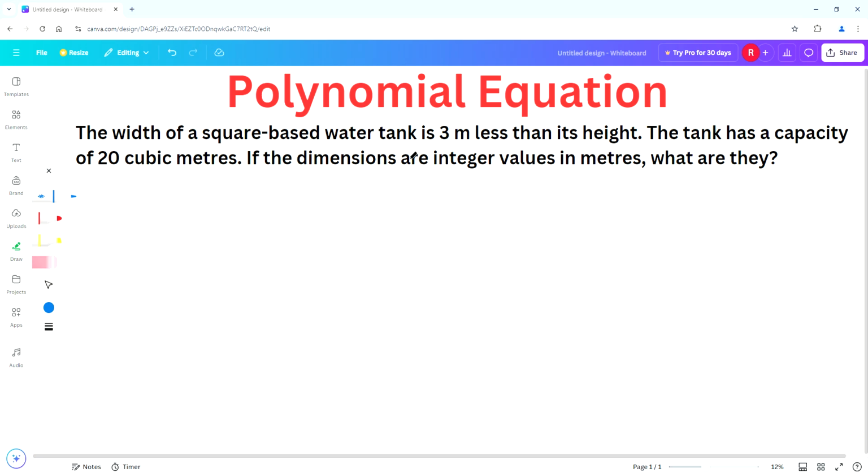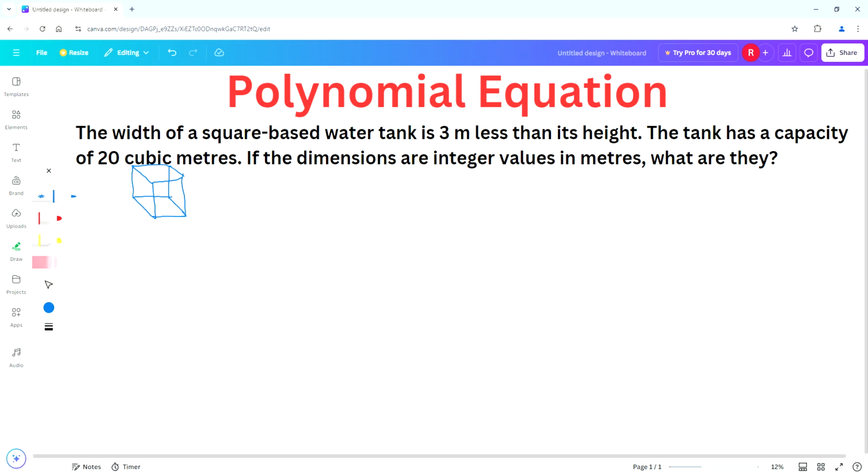The first step is to draw a square-based water tank. It is a 3D shape. Let's assume this is the water tank.